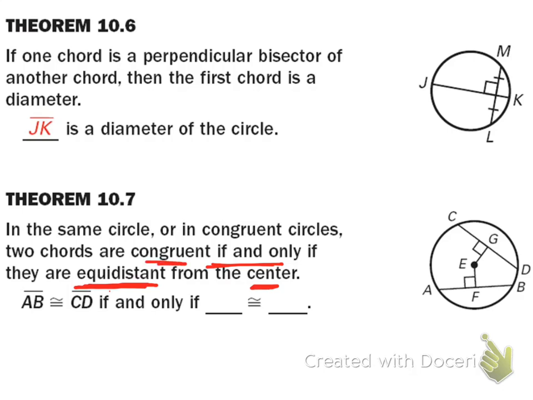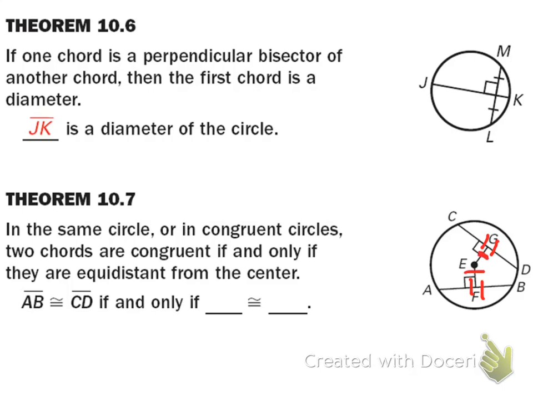Okay? So if the distance EG is congruent to the distance GF, then the chord CD will be congruent to the chord AB. The converse to this is also true because it's an if and only if statement. Then we can go the other direction and say, if these chords are congruent, then these distances will have to be congruent.